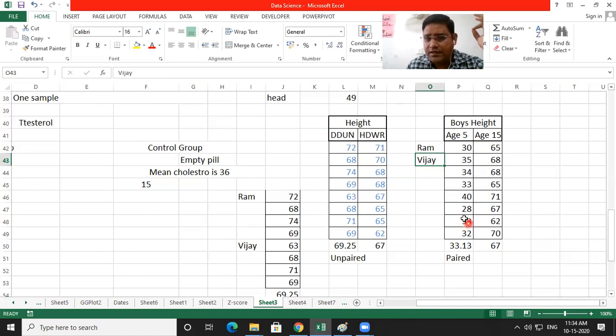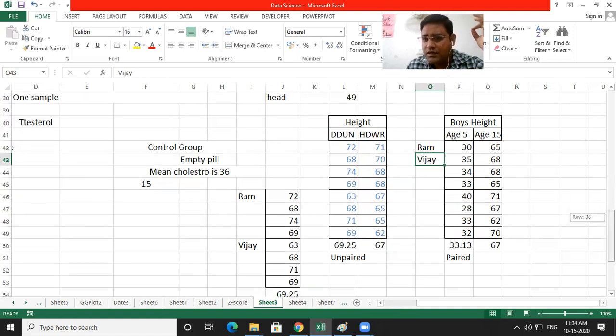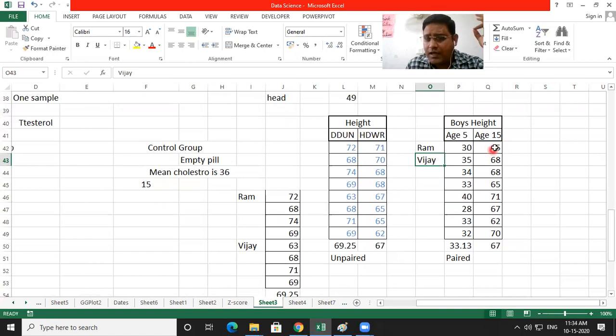In the same way, we have these 10 records. Now, if I rearrange this height at the age of 15, in descending or ascending order, what will happen?